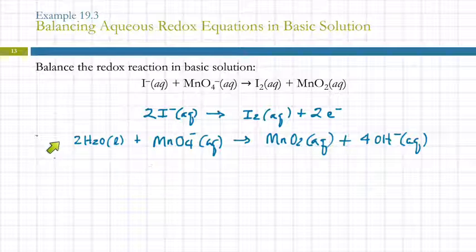In the second half reaction, on the left side I have a total of -1 charge, and on the right side I have -4 charge. I need to make this one be the same, so I need to add 3 electrons. Okay?